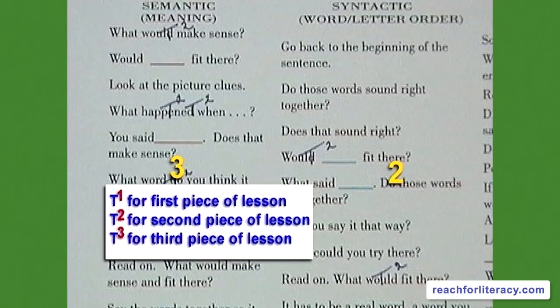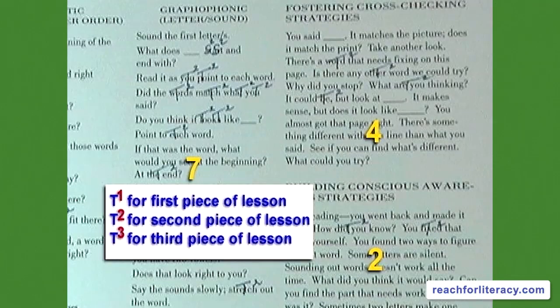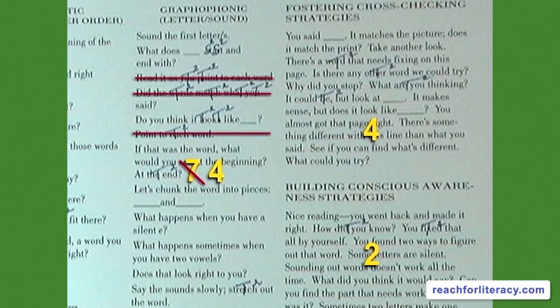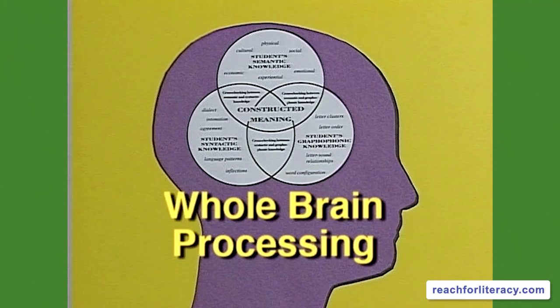During the new book, there were 3 semantic, 2 syntactic, 7 graphophonic, 4 cross-checking, and 2 conscious awareness questions. Again, the same pattern appeared. If we take away those referring to matching and pointing as each word was said, then a more balanced questioning would have been possible. So one refinement goal would be to ask the same number of questions in each category.